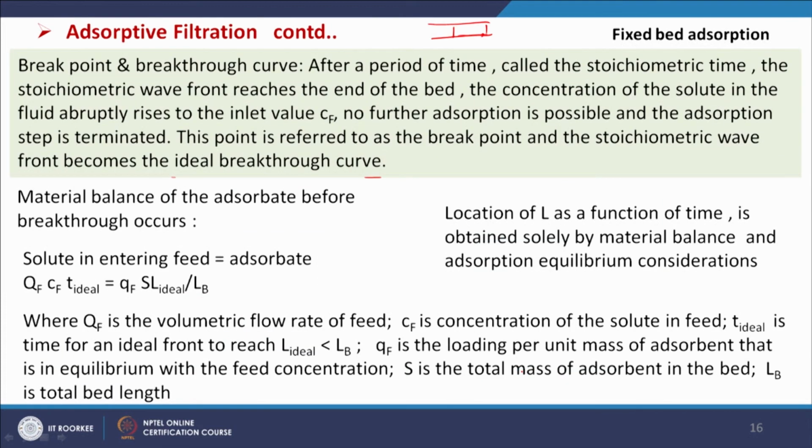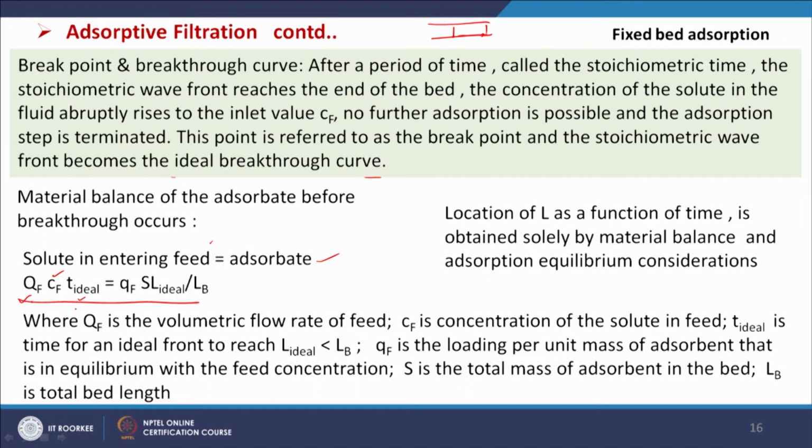So, how can we do it? By mass balance, the solute in the entering feed is equal to the adsorbate captured by the material in the L ideal. That is QF, the flow rate, into T ideal, the volume of inlet, into Cf, the concentration of the pollutant in the inlet.